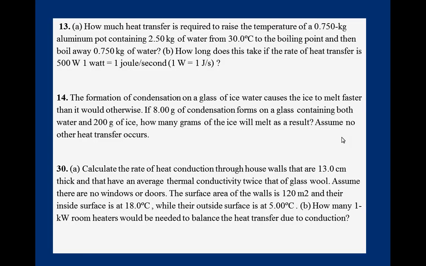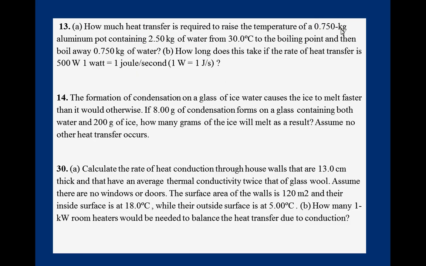So here's some questions from the homework. If I have both the aluminum pot and the water both starting at a certain temperature, then I'm going to do Q equals mc delta T for the aluminum pot. The mass of the pot is 0.75 kilograms.